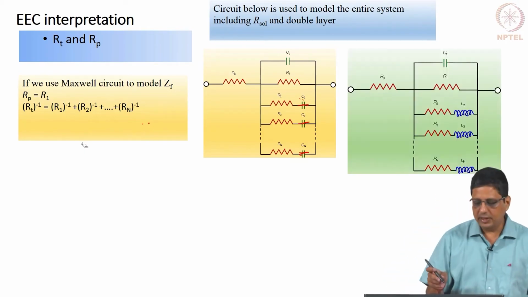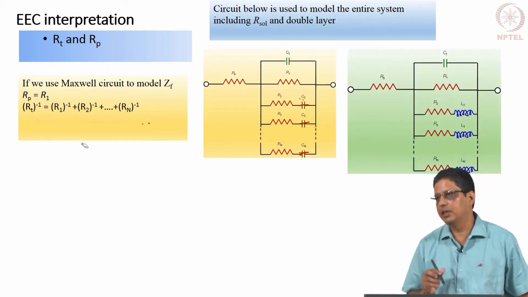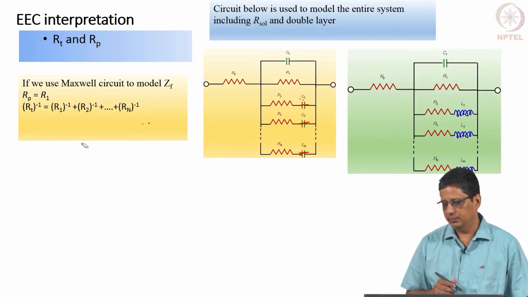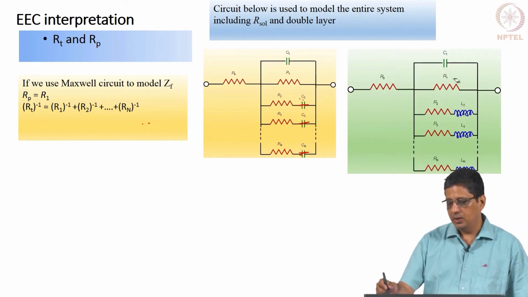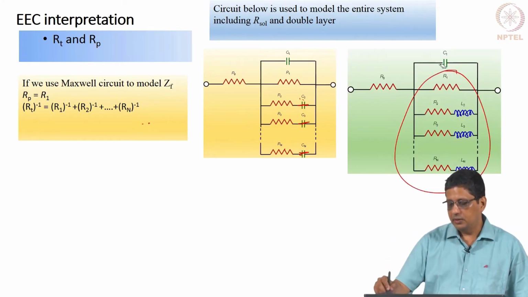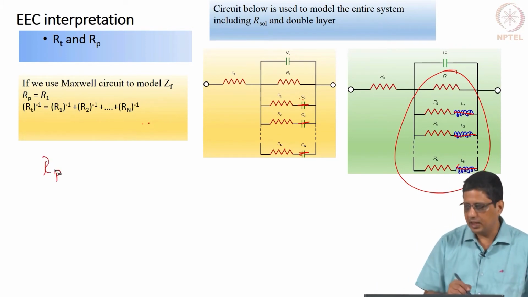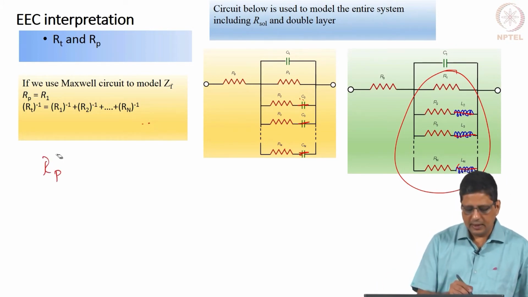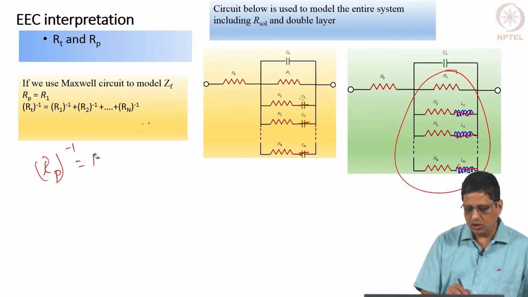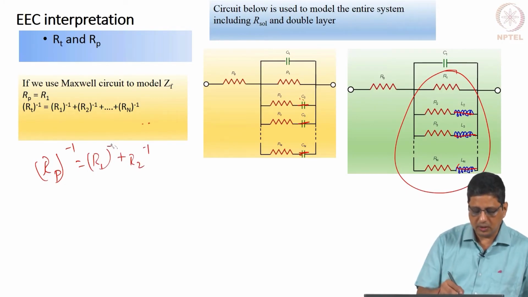Instead of Maxwell with capacitor, if I have Maxwell with inductor, at zero frequency, this is going to be short circuited, correct. So, 0 frequency means Rp. At the limit of 0 frequency, I can say Rp inverse is going to be R1 inverse plus R2 inverse and so on.